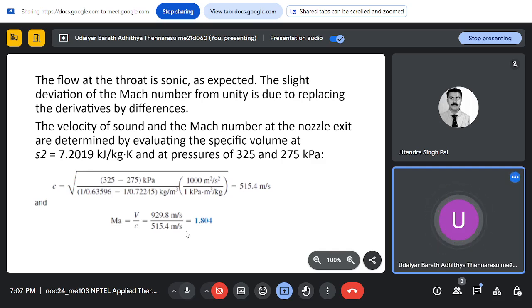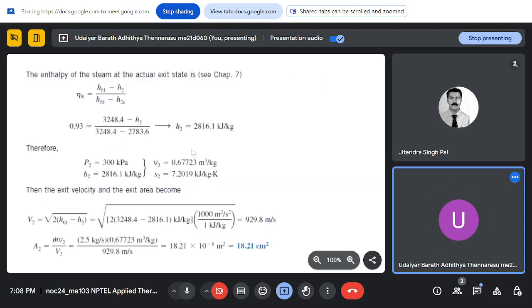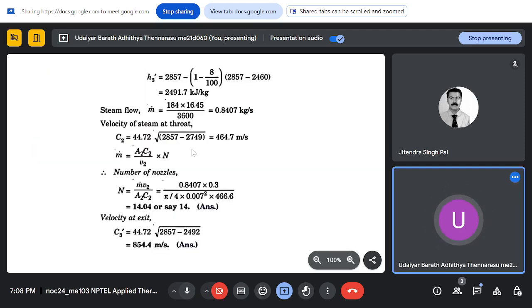Using this pressure and entropy values, we estimated enthalpy, and we applied an energy balance to find out the velocity, and using velocity estimated the area. And we cross verified by finding out the speed of sound at each of the points, the throat and the exit, from the steam table. So, any doubts in this question?